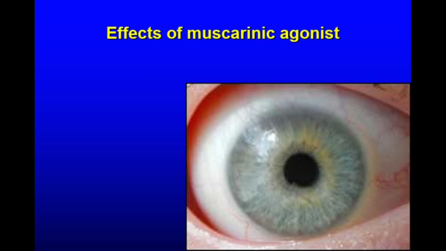Now I am going to describe the effect of muscarinic agonists on the effector organs. Remember, the effect of muscarinic agonists is similar to the parasympathetic nerve stimulation response. We start with muscarinic receptors of the eye.